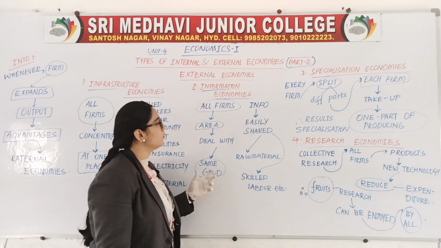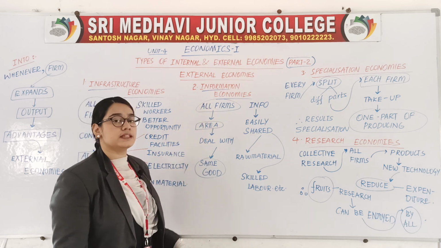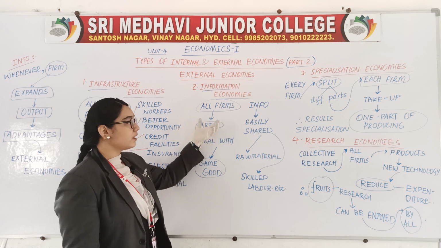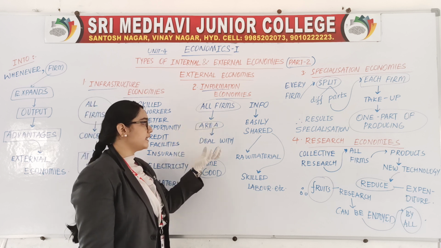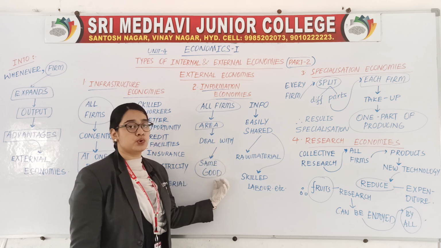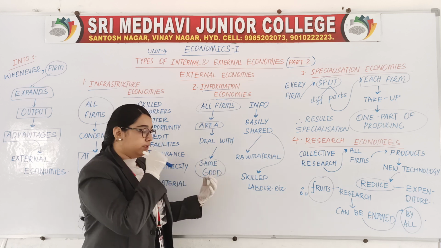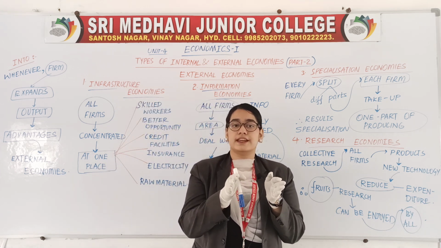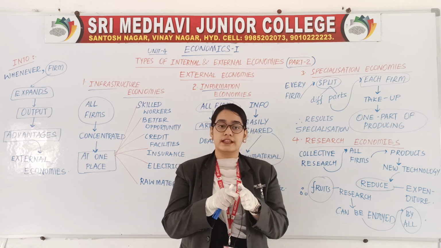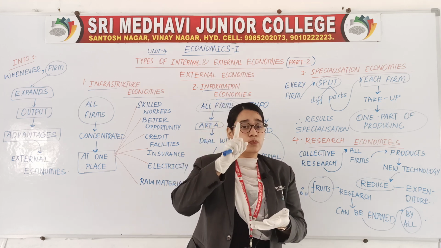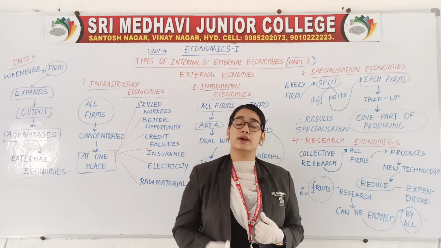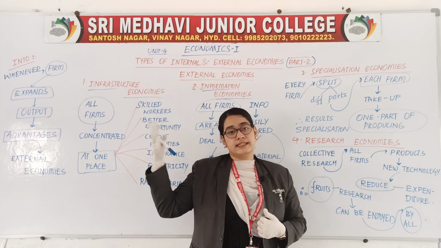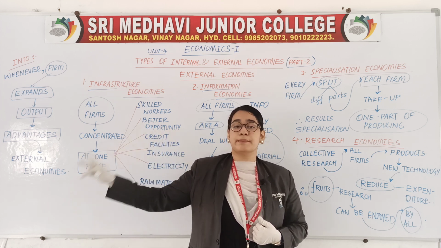Coming to the second one, information economies. When all firms are in a particular area, they deal with the same good. For example, Santosh Nagar area is having only one good. The whole area is producing only one good, and the other area, let us take Saidabad, is producing some other product.